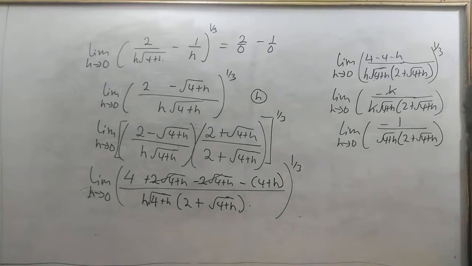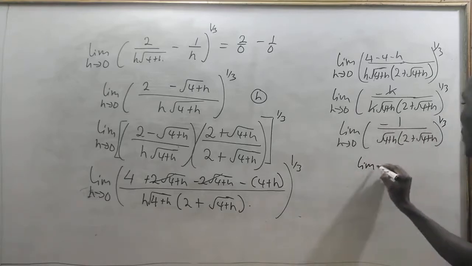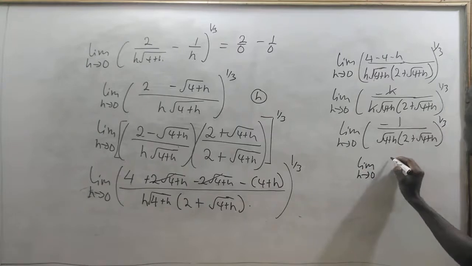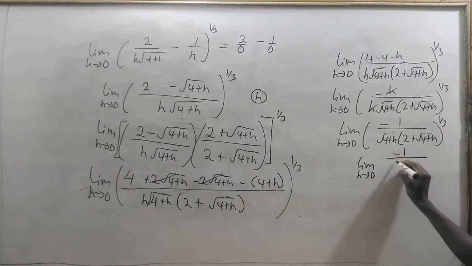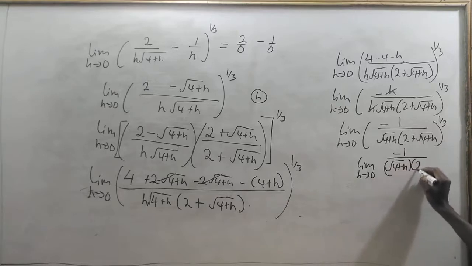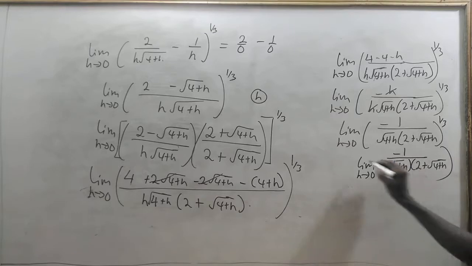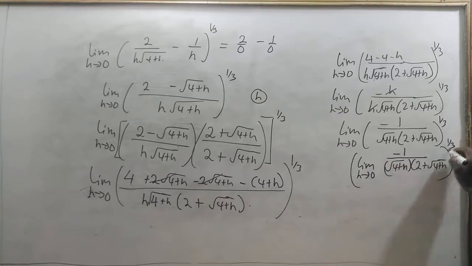So here as h approaches 0, what do we get? We send the limit inside, so we have the limit as h approaches 0 of negative 1 divided by square root of 4 plus h times 2 plus square root of 4 plus h, to the power 1 out of 3.